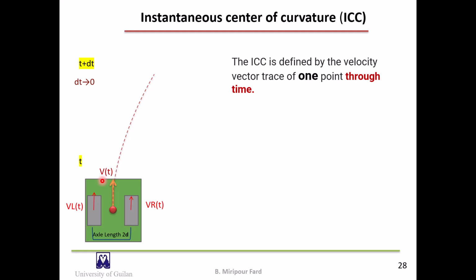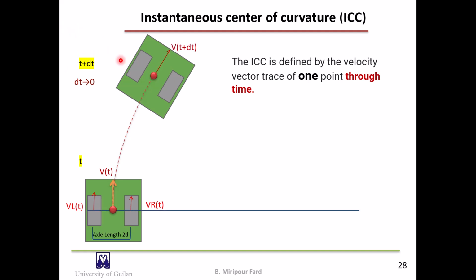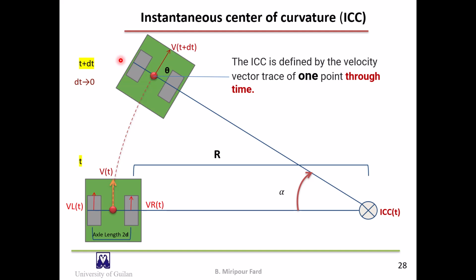Here it is assumed that dt is very small and tends to 0. The velocity of the reference point at time t plus dt is equal to v of t plus dt. The ICC is placed at the intersection of the perpendicular lines of these velocity vectors.